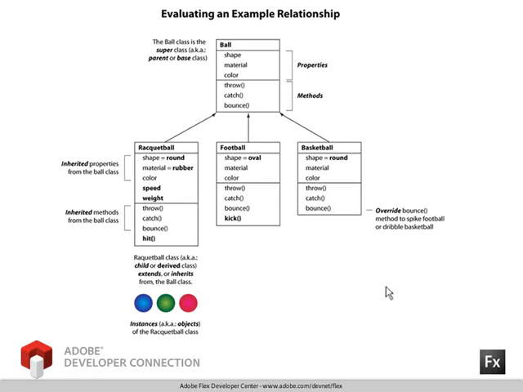Lastly, remember that the goal of creating these classes is to use them as templates for creating objects or instances that can interact in your application. This image shows 3 instances of the racquetball class. Each racquetball instance has all the properties of the class and can use the methods defined in the class.